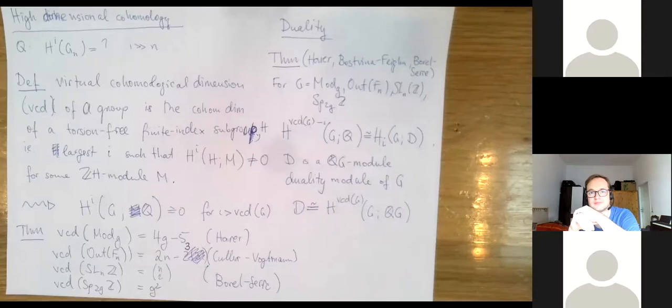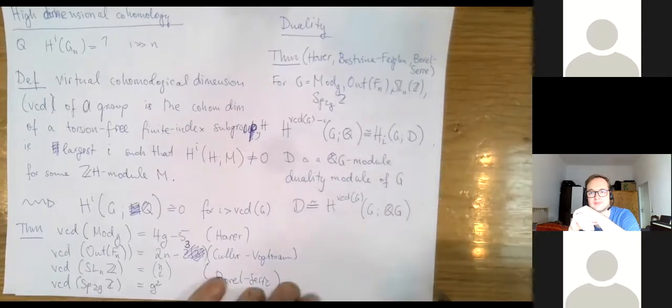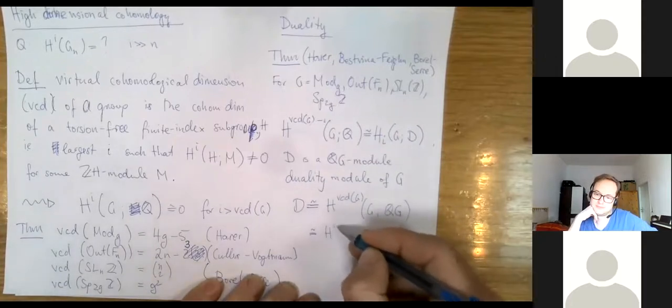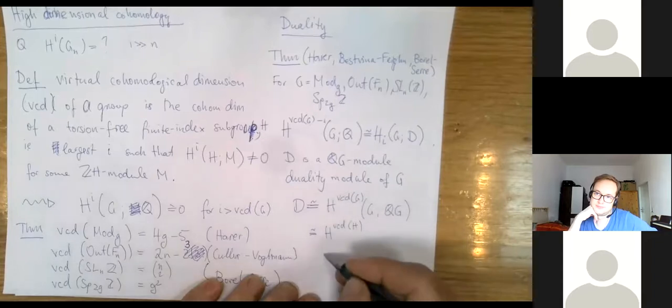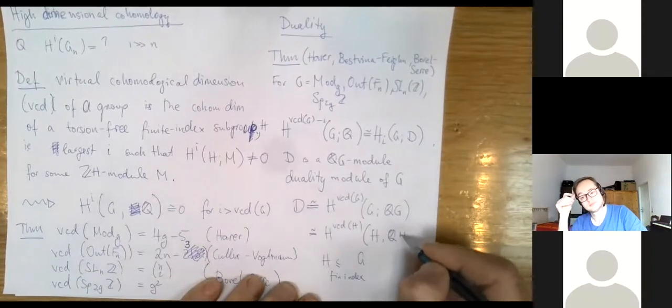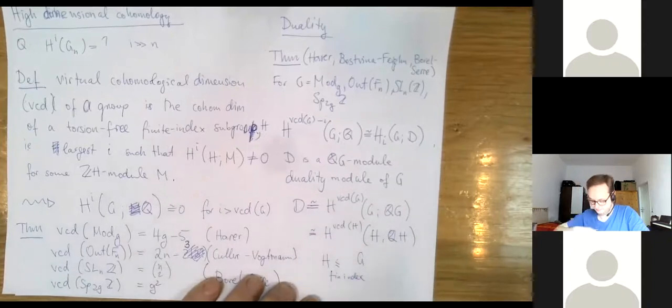Which G? It doesn't matter. If you take H to be a finite index subgroup of G, then this is going to be the same number, and this is going to be isomorphic.